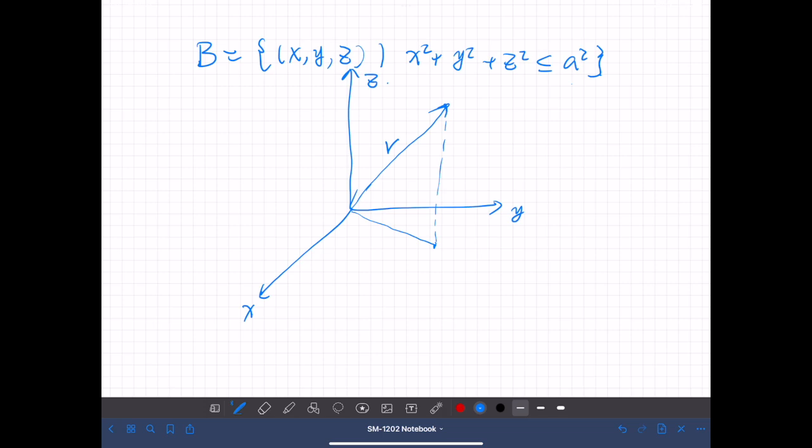The angle from the x-axis is phi, and the angle from the z-axis is called theta.